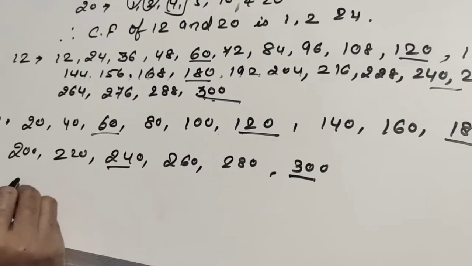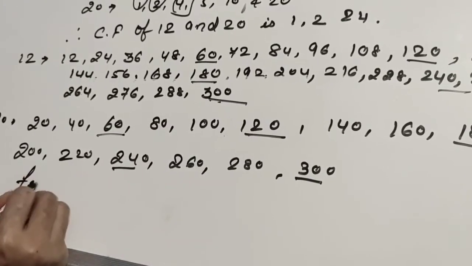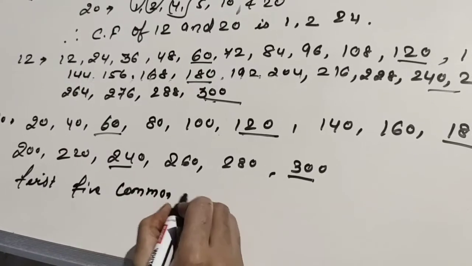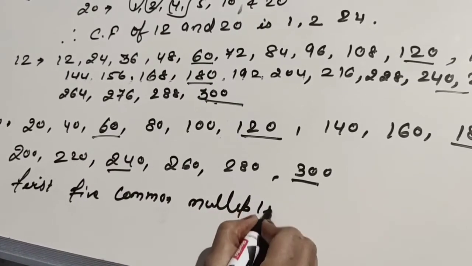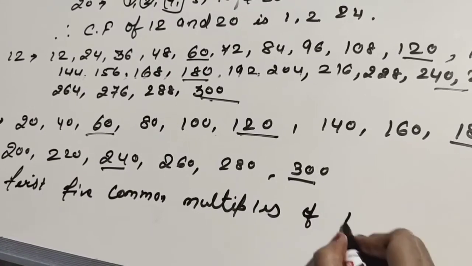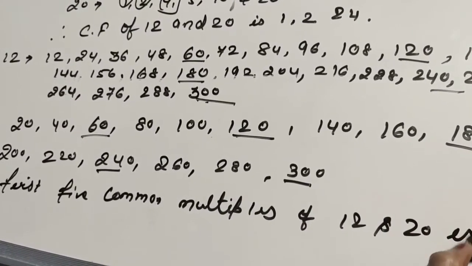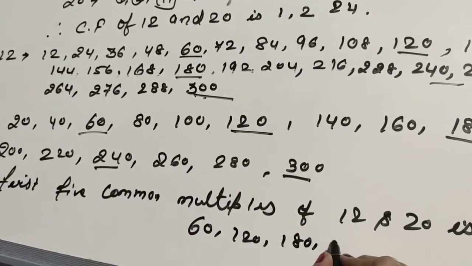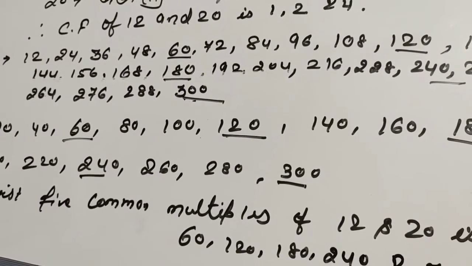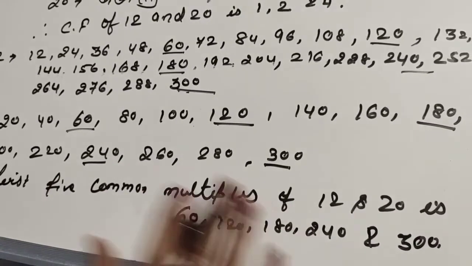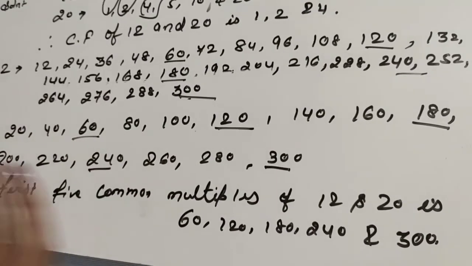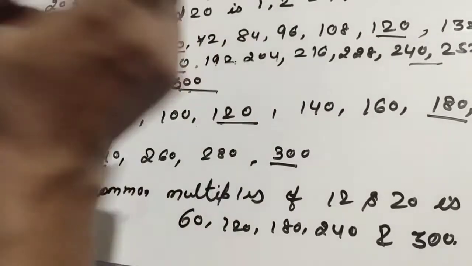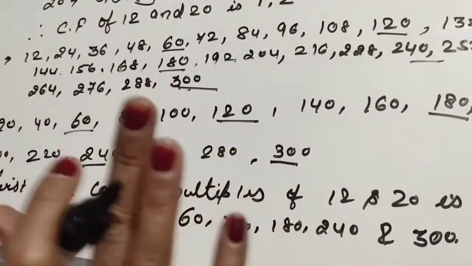So the first 5 common multiples of 12 and 20 are 60, 120, 180, 240 and 300. You have to write the table up to 12 13, 12 14 like this, and in that way you have to find 5 common multiples.